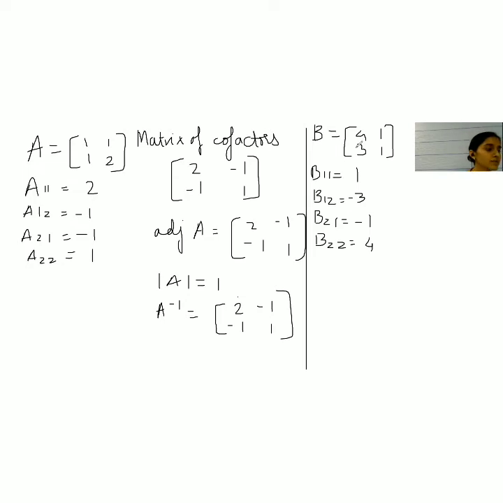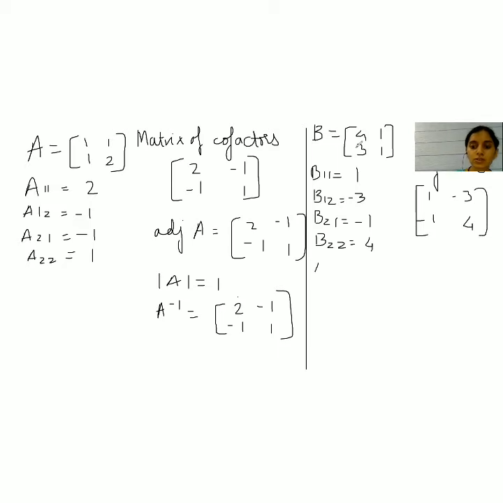Okay, we have the cofactors. Let us put the matrix in place. So the matrix of cofactors is 1, minus 3, minus 1 and 4.